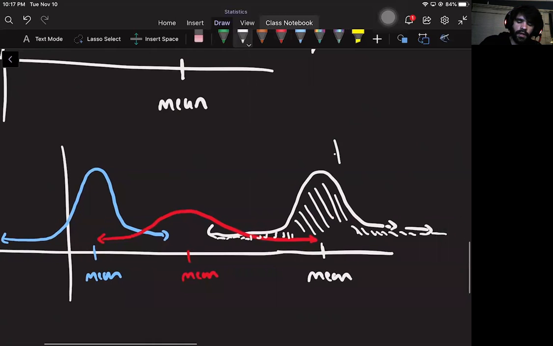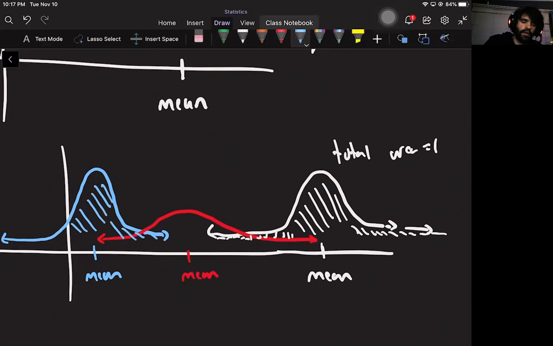But the total area has to be 1. So if you make it taller, like this blue one, if I make it a little bit taller, then for the area to still be 1, I then have to make it a little bit skinnier so that the area stays 1.